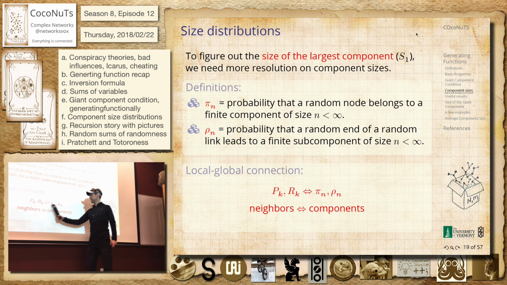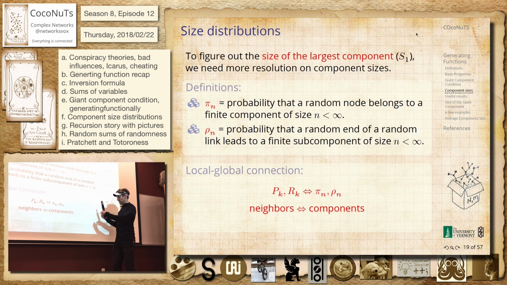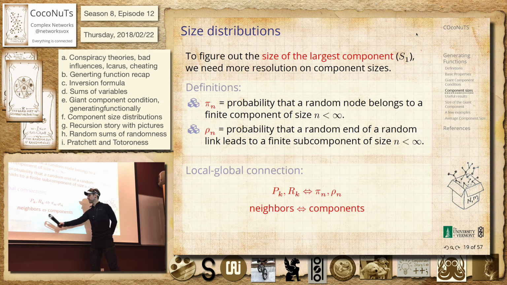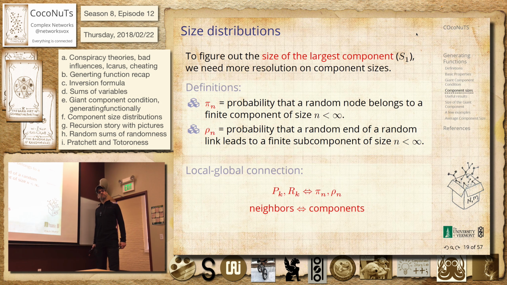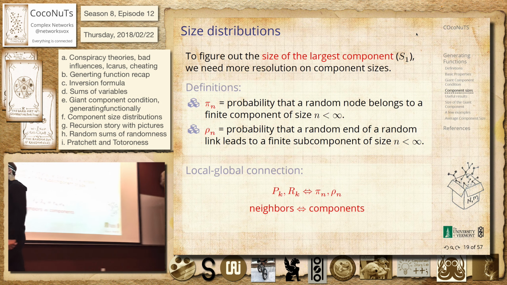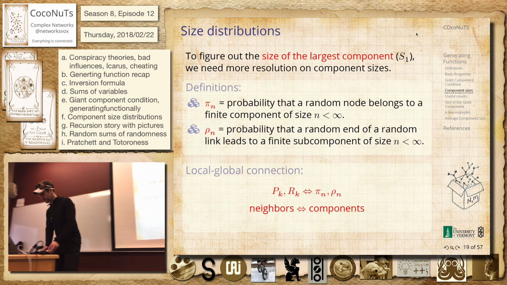Again, there's this connection between these two. This is just about neighbors. It's a local thing, and this is non-local, and it's about component sizes. So you can see this is a bit of a trickier thing to think about. Okay. We shall pile on, and let's see if we can do it. It's very nice. It's quite beautiful.